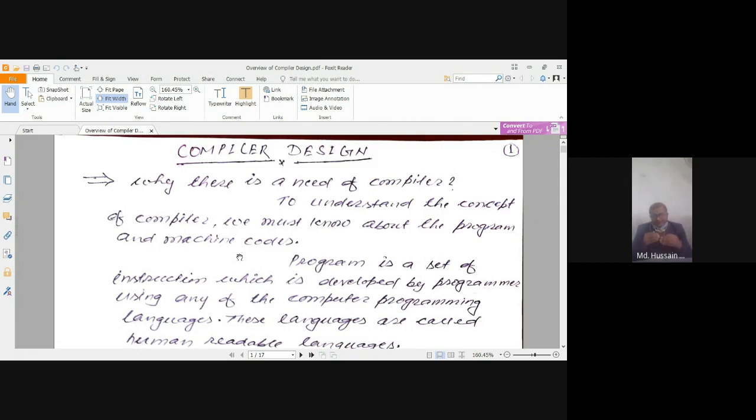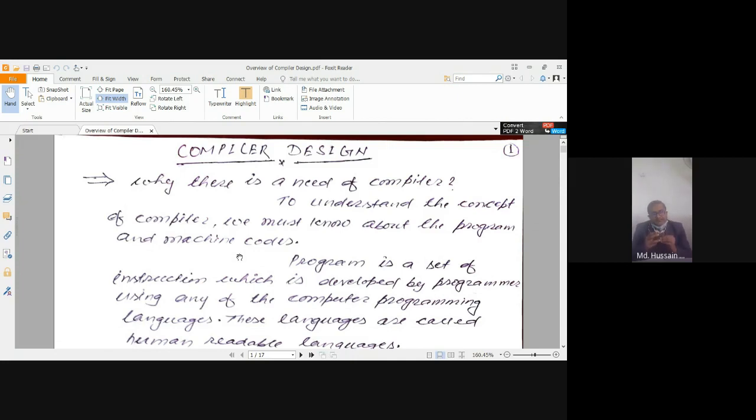So in the compiler design subject, this whole compilation process is done in several steps, and these steps are known as phases of compiler. Basically, we have 6 phases of compiler. First one is lexical analysis.